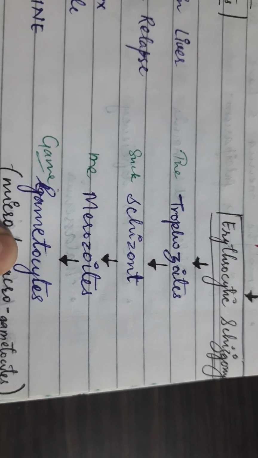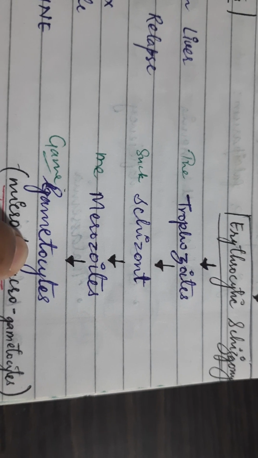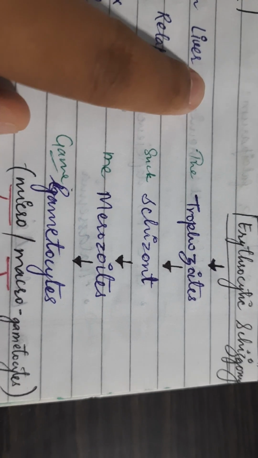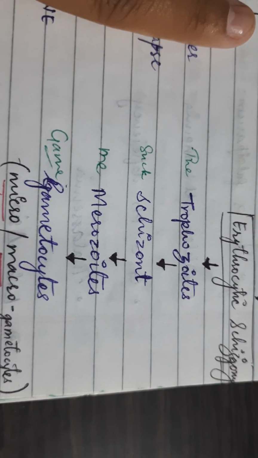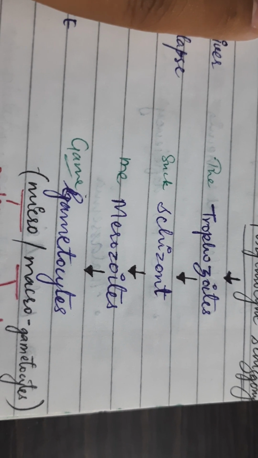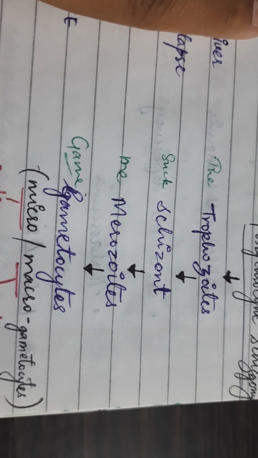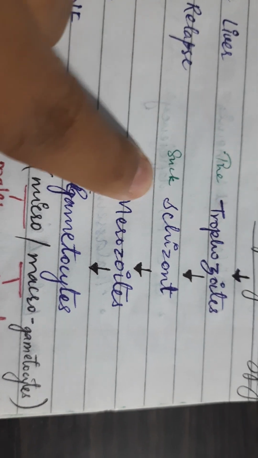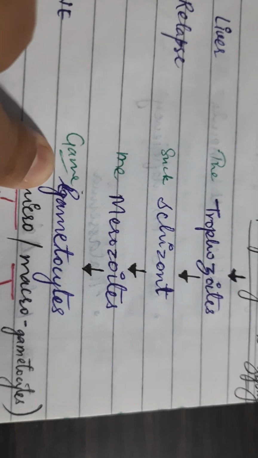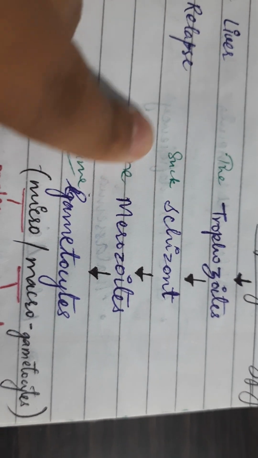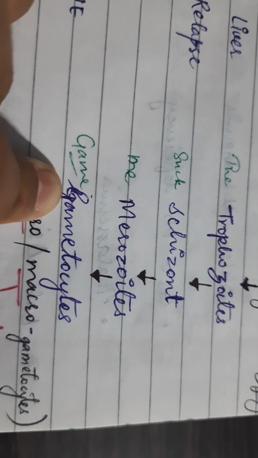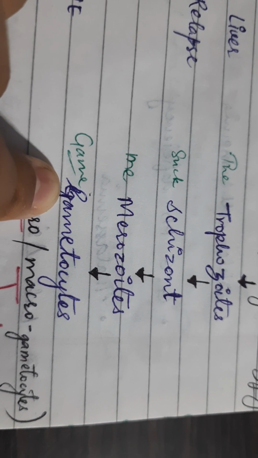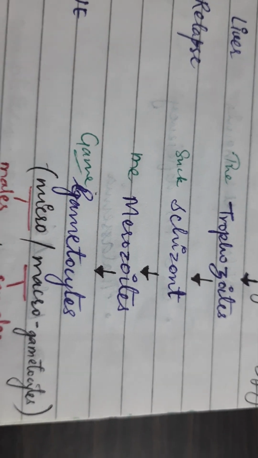Till this stage it is inside the human body, because malaria has two hosts: human and mosquito. I remember this by the mnemonic TSMG, like the suck me game. Pardon me for this, but that's how I remember things.